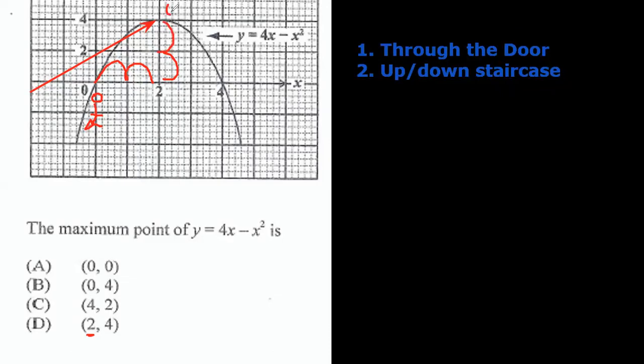So the coordinates of this point are through the door, 2 doors, and then 2 steps up. Every step is 2 on the y-axis. So the answer here is going to be 2. You'll see that? That corrects everybody.